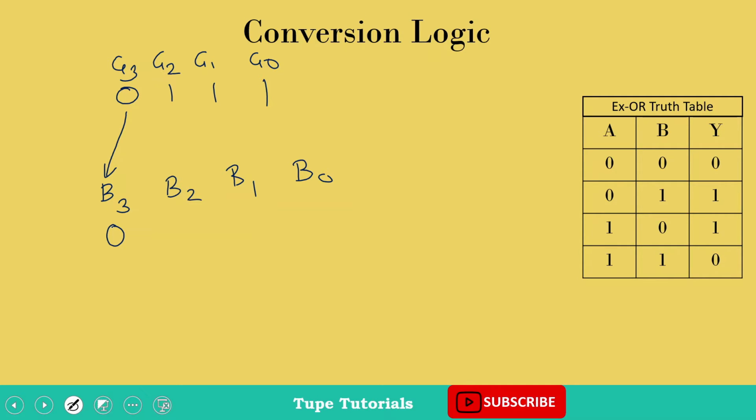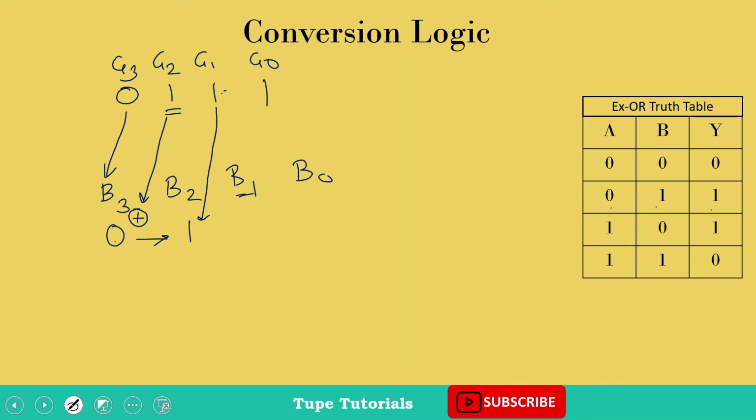Now moving to B2. For B2, we are going to take XOR of G2 and B3. So for the next bit, we take this G2 element and XOR it with B3. So what we will get if we XOR 0 XOR 1? The output will be 1. So B2 will be 1. Now for B1 take G1 and take previous B2.